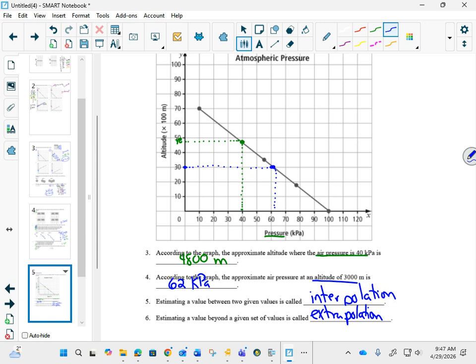Well, if I go to 5, 5 doesn't hit the graph. You would have to extend your graph, and then it would hit it and then go over it. That would be extrapolation. Anytime you have to extend your graph to get the answer is extrapolation. Anytime it's within the points that you have, it is interpolation.